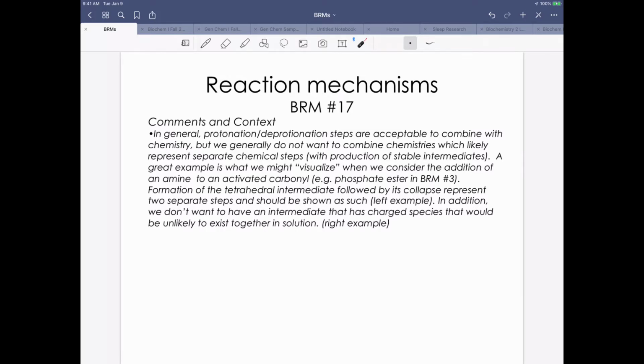So I'm going to highlight two examples here, and again, these are things that we don't want to see. We might visualize the addition of an amine to an activated carbonyl, which is what we saw in reaction mechanism 3. I want to make sure to highlight that this is not a viable mechanism.